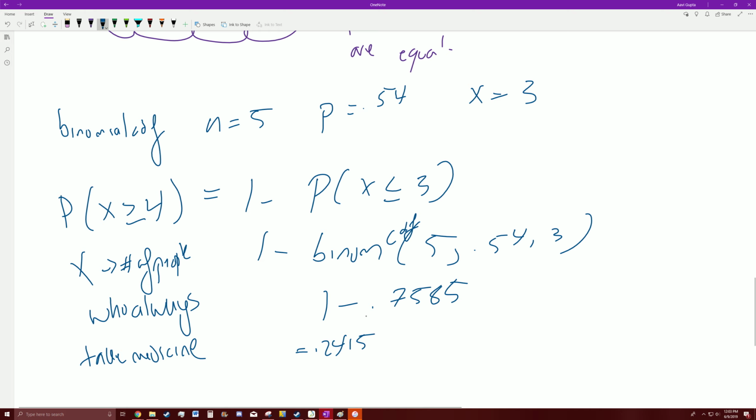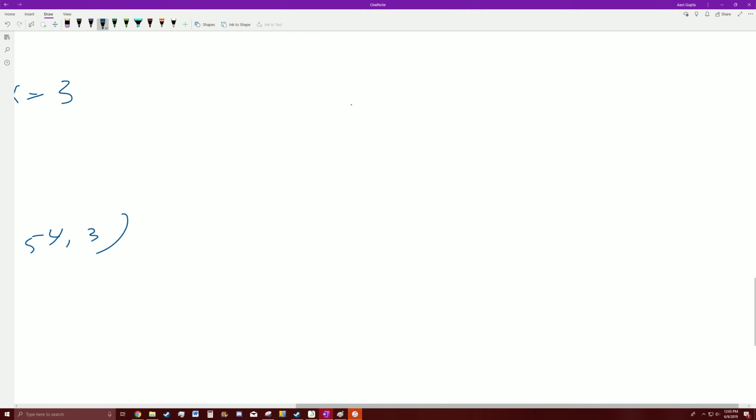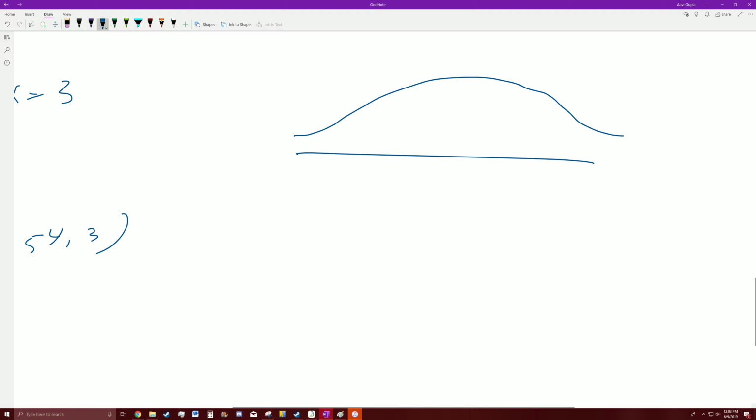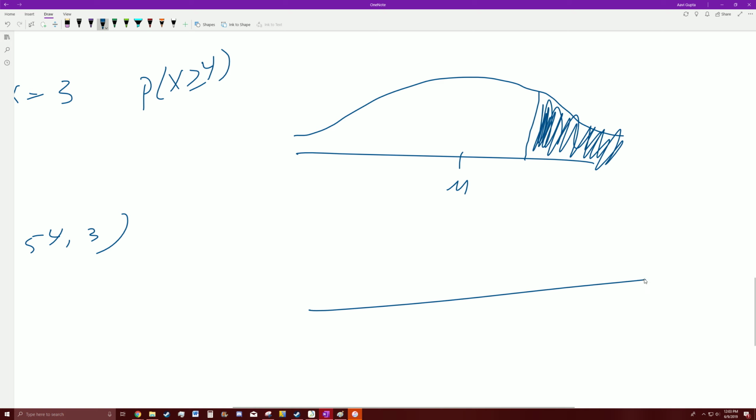You might be wondering why you had to do 1 minus. Let me draw a curve quickly. We're trying to find the probability that X is greater than or equal to 4. Here's our mean, and we're trying to find this region. But our calculators function in the opposite direction.